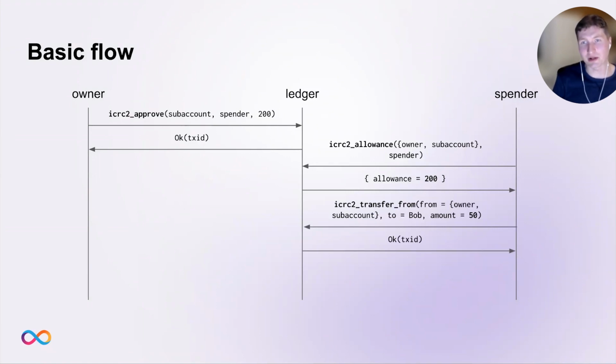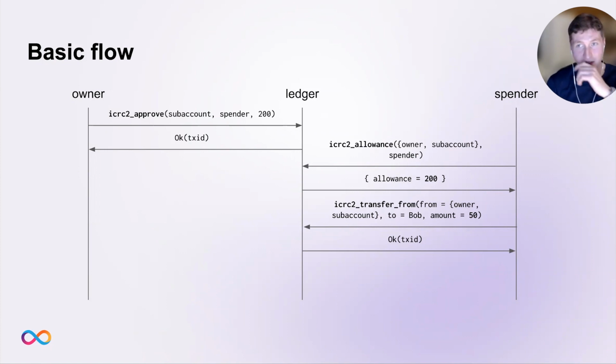Once you know how much you can spend, you can actually initiate the transfer to some other party, might be some Bob, I don't know, or it can be some exchange, for example. You specify which account you want to withdraw funds from, the account to which the funds will go, and the number of tokens that will be transferred.